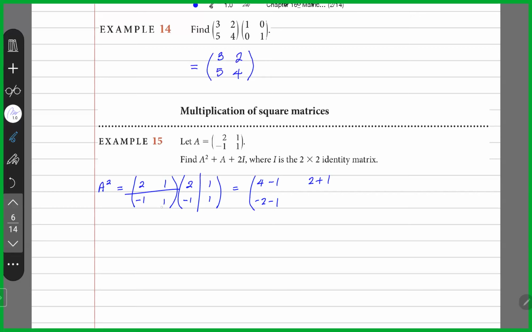Bottom row, right column, minus 1 times 1 is minus 1. And 1 times 1 is 1. So the answer here is 3, 3, minus 3, 0. So now let's find A squared plus A plus 2I.